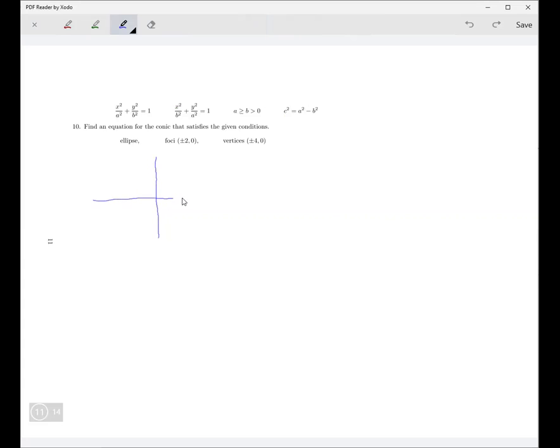I think I will. So if the vertices come out to 4, 0 and negative 4, 0, then those are going to be the vertices. And then your foci are here and here: negative 2, 0, and then 2, 0.